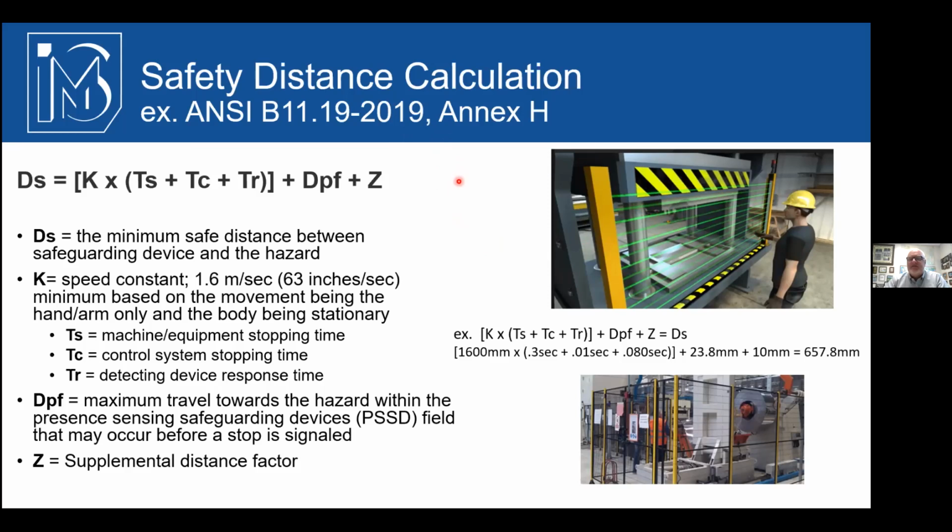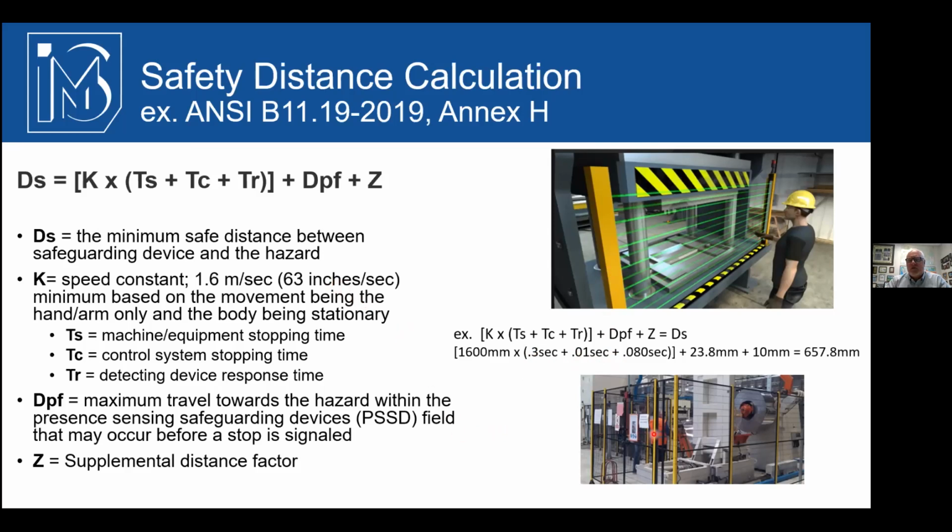So a safety distance calculation would determine how far from the hazard this needs to be, based on how fast the machine can come to a stop. I may have to put this light curtain 2, 3, 4, 5, 8 feet back, based on how fast a human can breach that and get to the hazard. So that study, following these calculations, would have to be made.